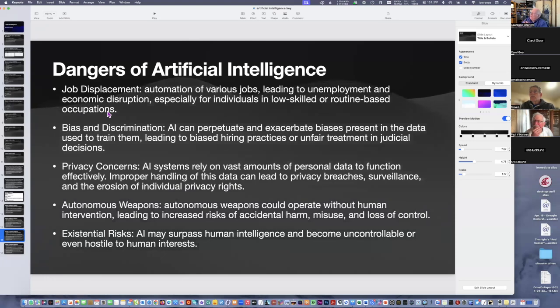Privacy concerns. Most of the artificial intelligence platforms that are out there right now, including things like ChatGPT, were built using a database of millions of books that they did not ask the authors for permission. The books are a mixture of science books and mathematics books and philosophy books, but also novels.